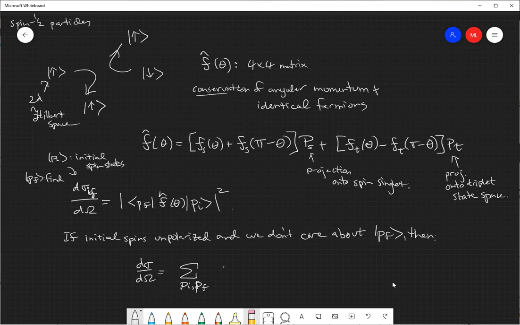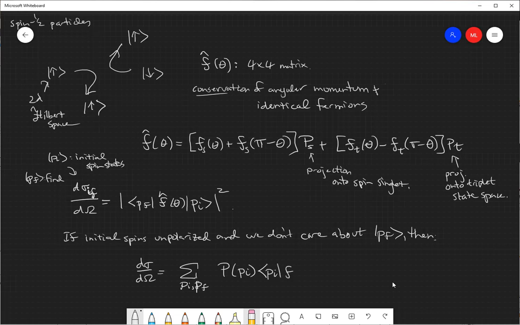And you would have some probability of being in a particular initial polarization. And, you know, if it's polarized, you could concoct the probability to pick out a particular initial state if you want. But typically this will be sort of equally distributed among all the different possibilities, the four possibilities.